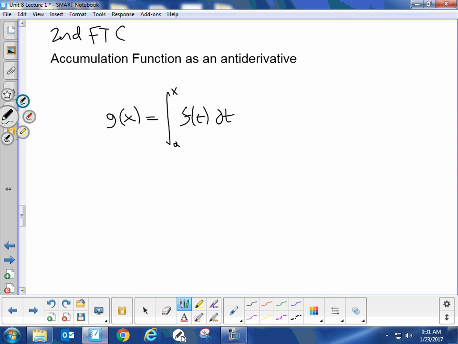However, going through the process that we went through before, we will find that g has a relationship to this function f inside of my integral. It's easy to see that relationship if we take the derivative and then take the antiderivative of this situation. So I'm going to start by taking the derivative of both sides.